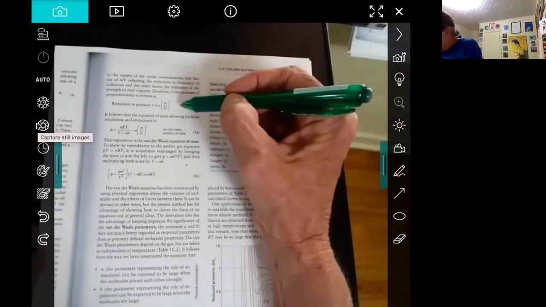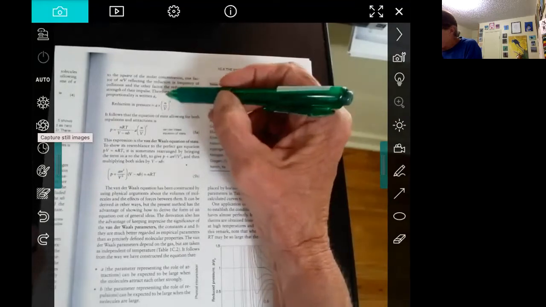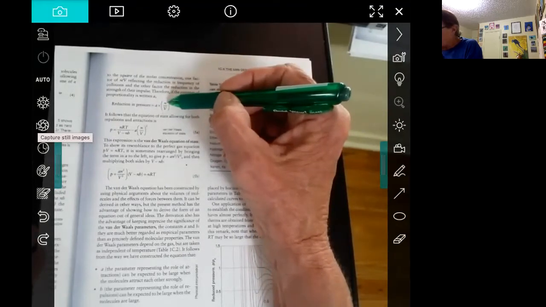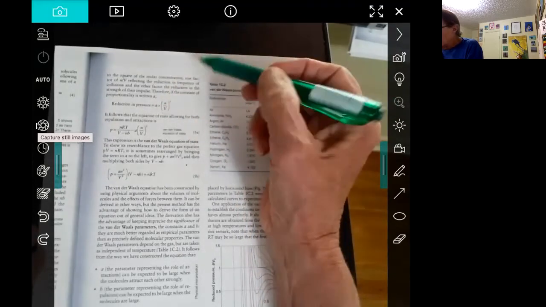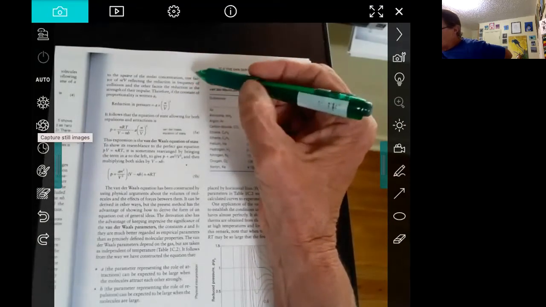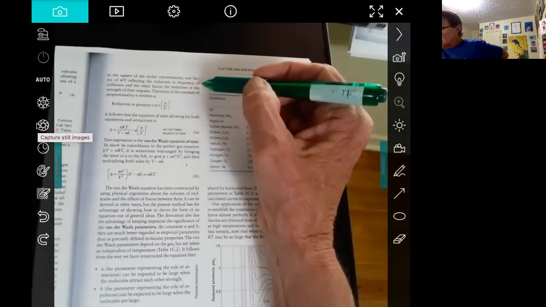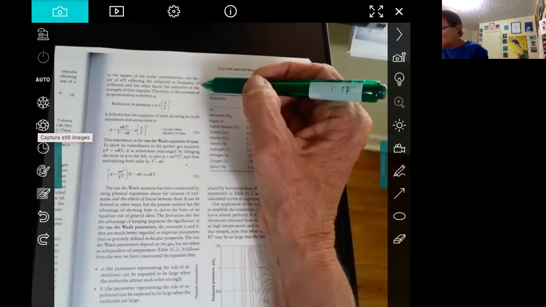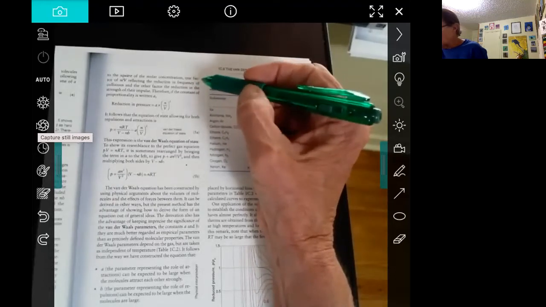So this is looking at what that term will be, and it'll be a times n over V squared. And the n over V squared, the first one is reflecting the fact that there's a reduction in frequency of collisions. So if they don't collide as much, there's less interaction. And then the other factor is the reduction in the strength of that impulse.